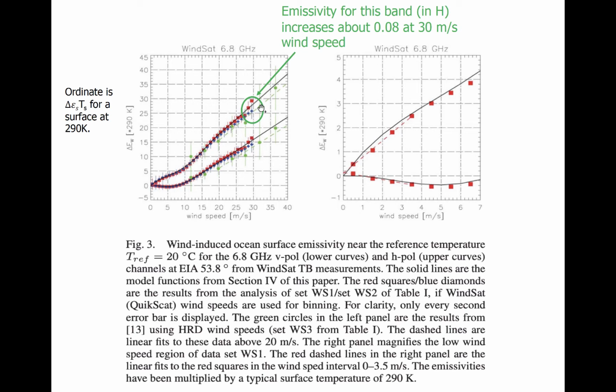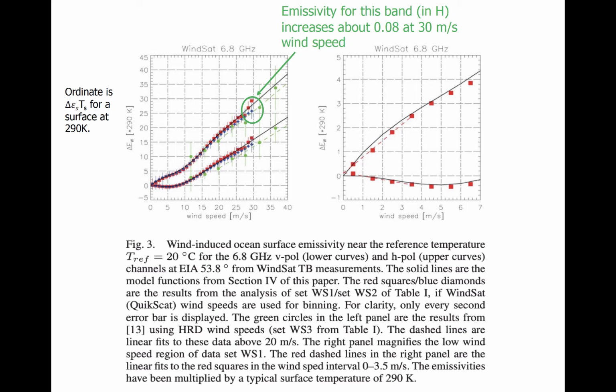A strong 30 meter per second wind, highlighted in this circle, would increase the ocean emissivity for 6.8 at the horizontal by about 8%, and in the vertical polarization by about 5%, relative to the background 290 K. Although that background emissivity would be something like 0.4 to 0.6, so those percentages are actually probably a little higher.